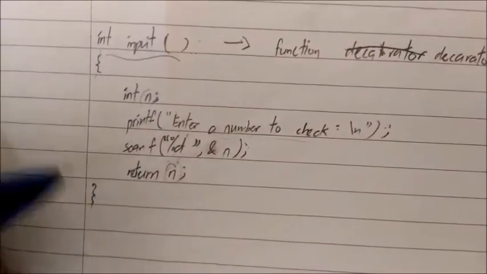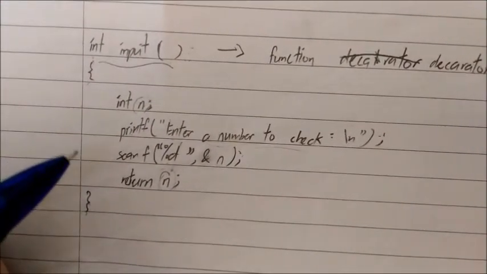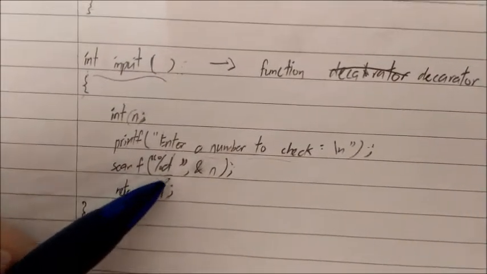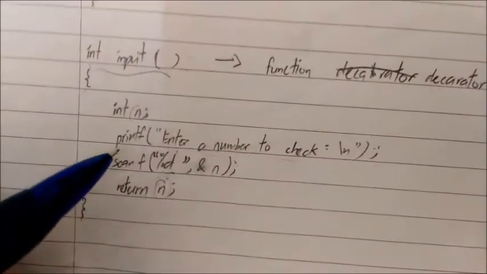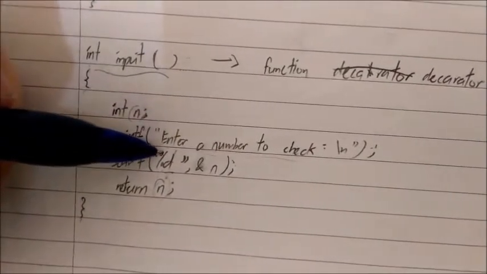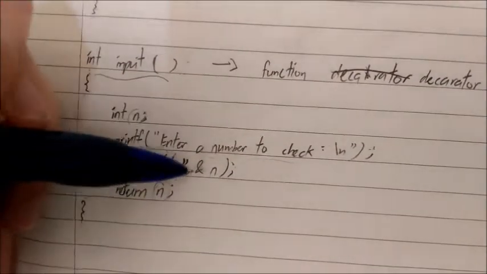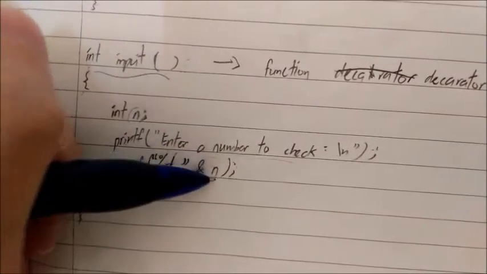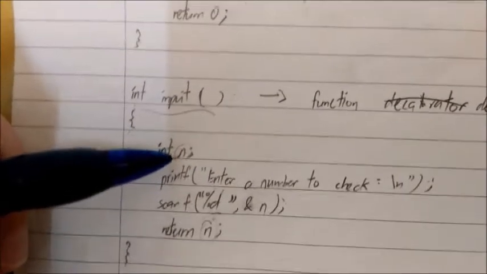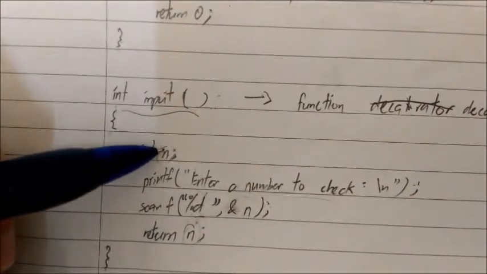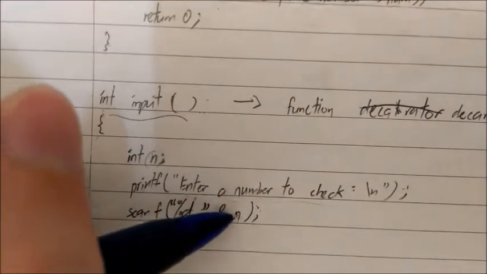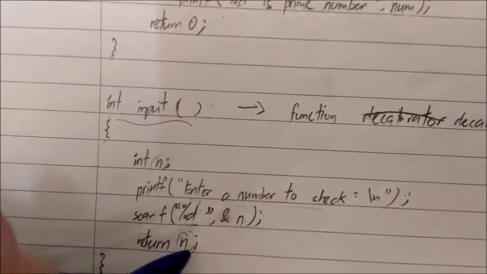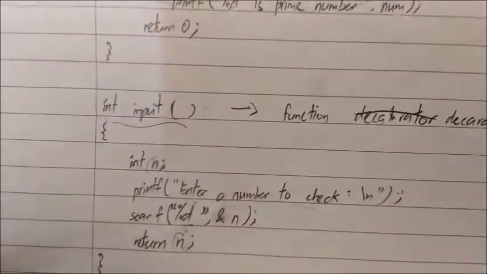Example: integer, float, character, or string. This is integer. For integer we use percentage d. Here we put n because we follow this, so this also puts n, and this return n is also the same.